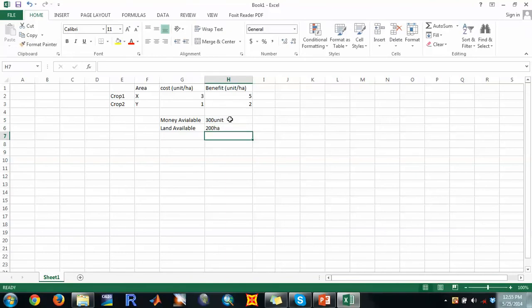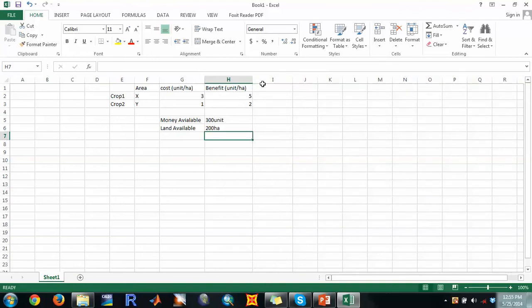So now this is the cost per unit area. If you want to find the total cost, the units can be birr, dollar, or pound, whatever it is. You have the area, and you have the cost per unit area.